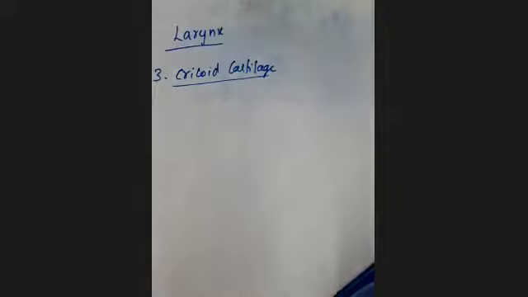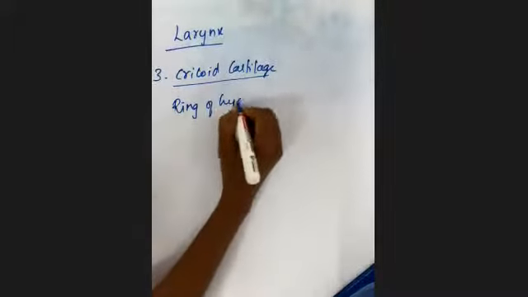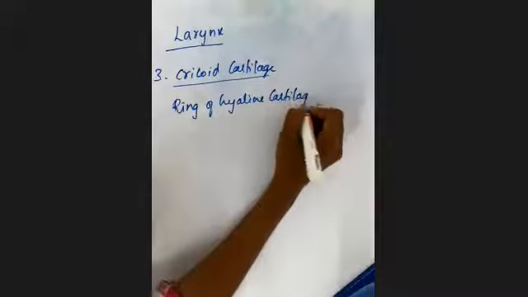If you see this cricoid cartilage, it is a ring of hyaline cartilage.